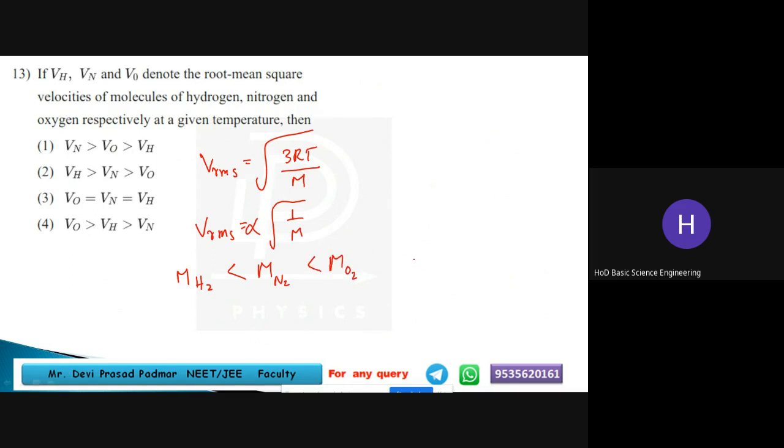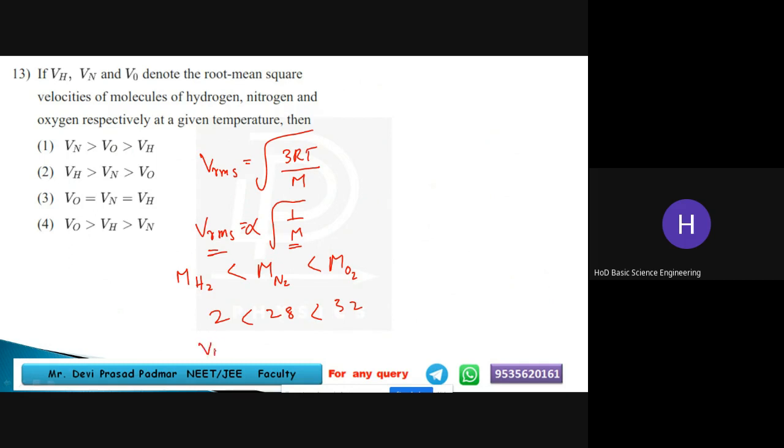The values are 2, 28, and 32. So how are they proportional? Inversely proportional. Mass and Vrms.